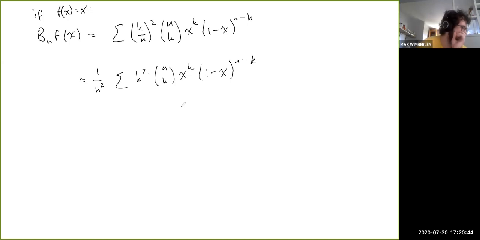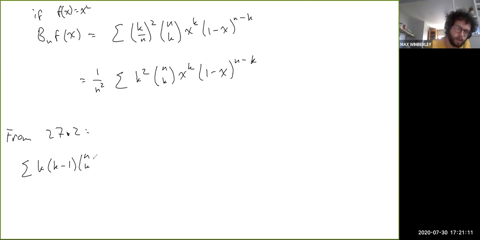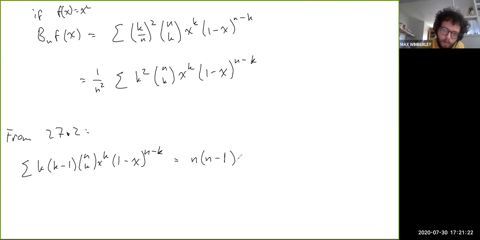And if you look at the proof of 27.2 again, they do something that's almost exactly the same as this here, except instead of k squared, they have k times k minus 1. But because we already computed, from 27.2, we have that the sum of k times k minus 1, n choose k, x to the k, 1 minus x to the n minus k, equals n times n minus 1 x squared.